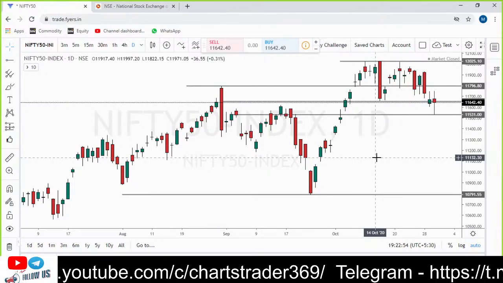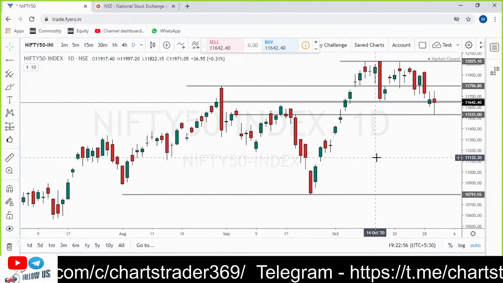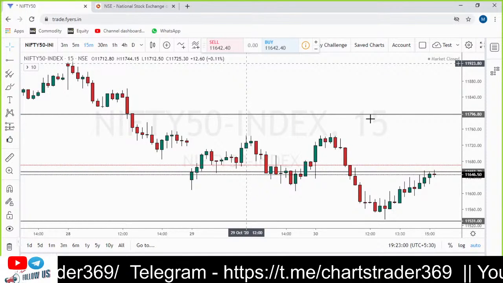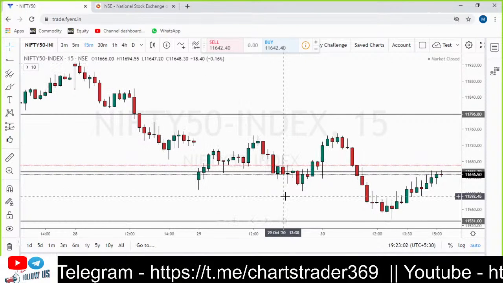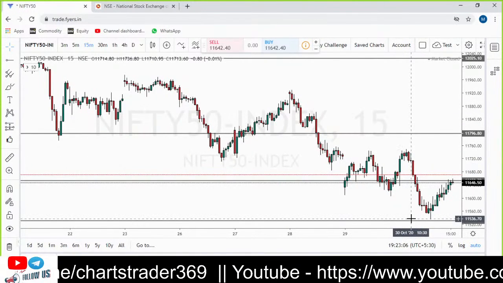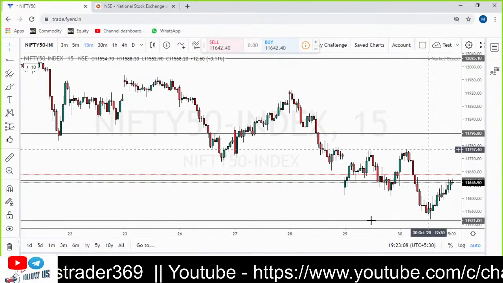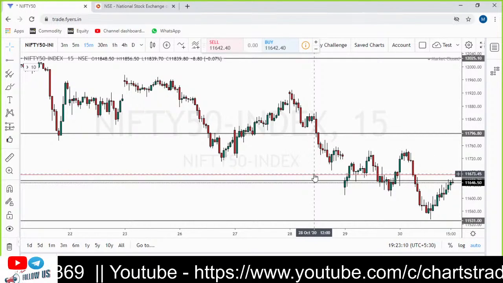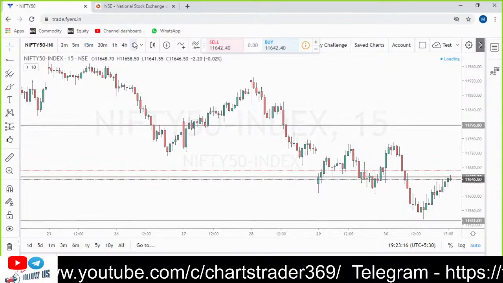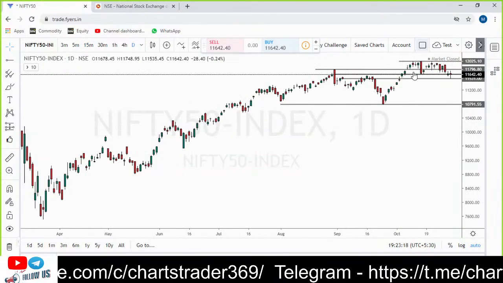Now if I switch to some other time frame, let me go to 15 minutes. Are these lines I drew on the daily time frame going to change? Answer me, yes or no. I have drawn support or resistance, whatever you want to call them.